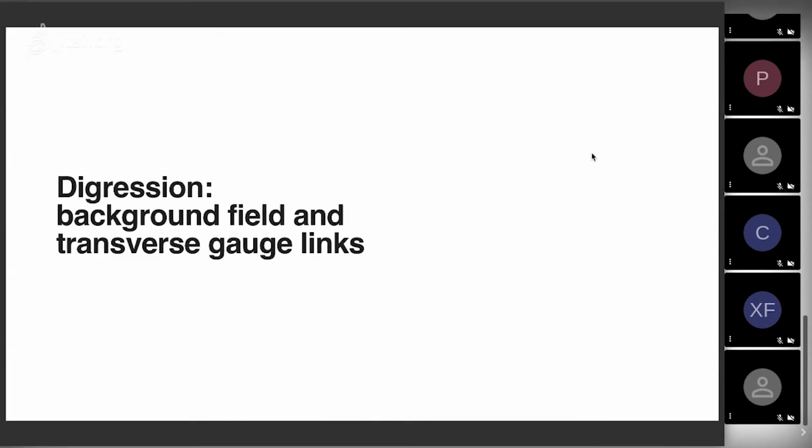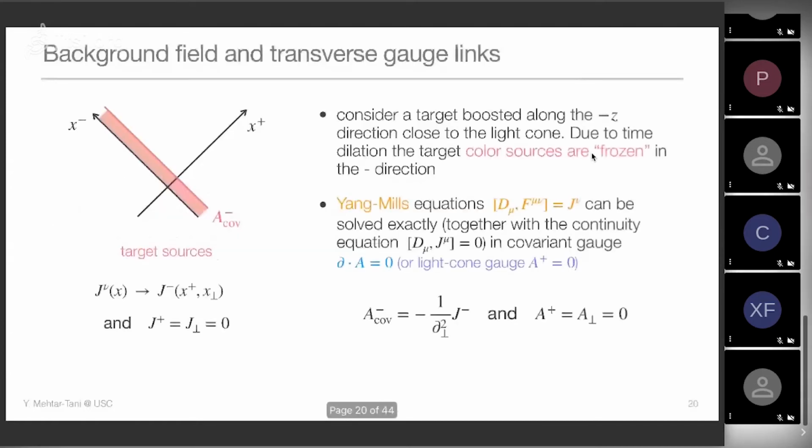Let me say a few words about how we describe the target. In the small x limit, the target can be described by a classical gauge field. This gauge field can be extracted by solving the Yang-Mills equations in any gauge, and you can show that it's basically A minus in covariant gauge, and also A plus in light cone gauge.